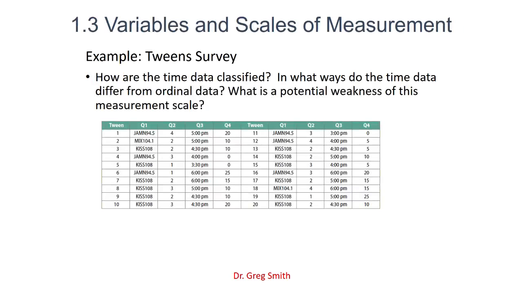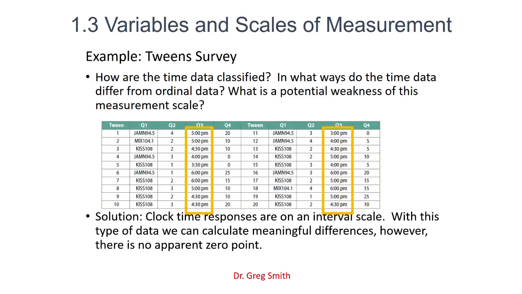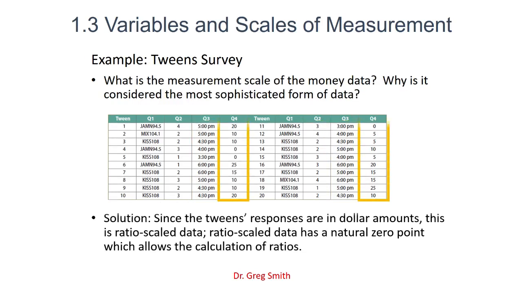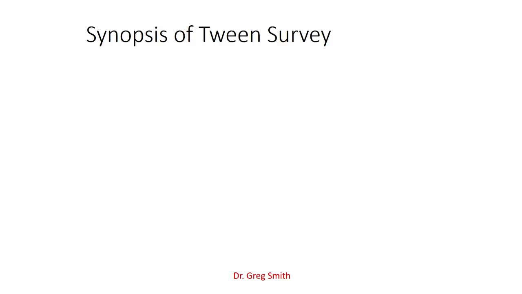So as we look at how they're classified, a specific time can be thought of as an interval scale, because the time can be brought out to as many degrees as you possibly want, versus the amount you spent on food, Q4, back from that tween survey, which is actually a ratio. So if I spent $5, the next person spent $10, they spent $5 more, which is also twice as much. We also know that you can start with $0 and have $0 spent.